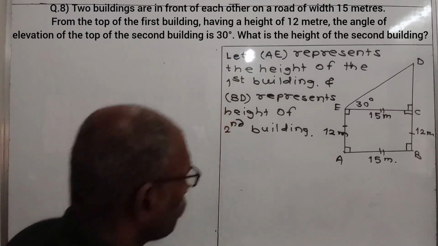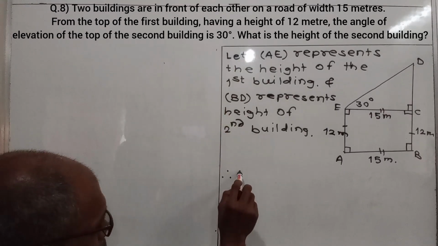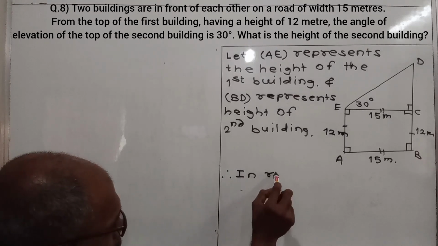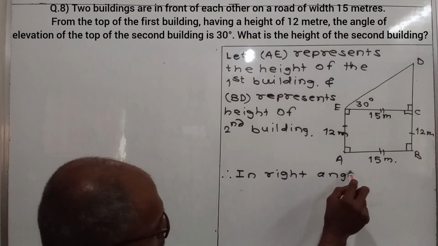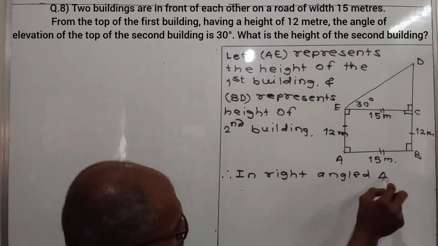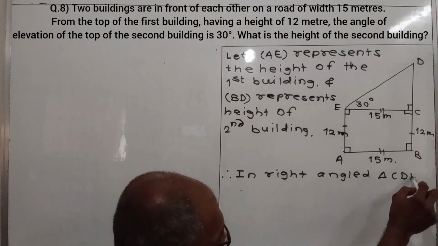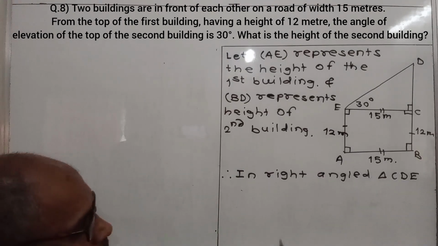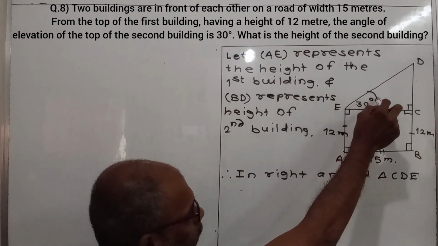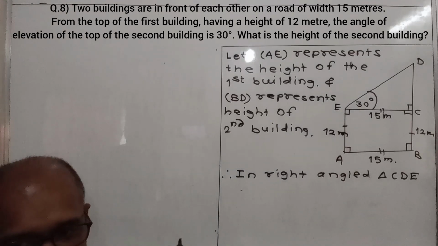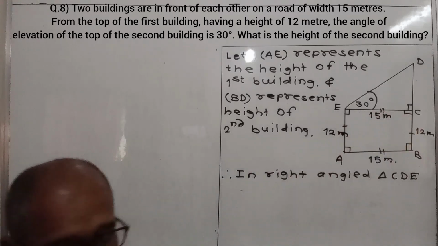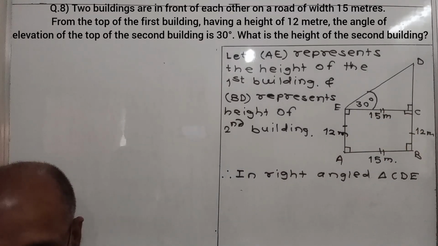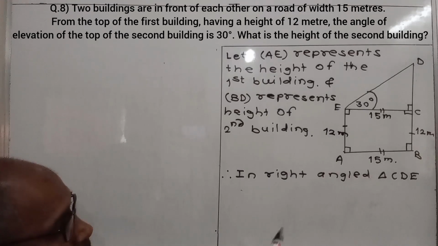Now we write here, therefore, in right angled triangle CDE, see here, this angle we know, angle E is equal to 30 degree. We have been given the length of CE, that is the adjacent side, and we want to find the length of the opposite side.